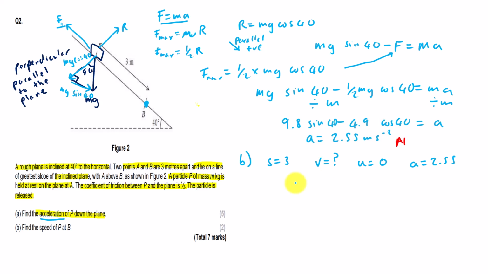Out of all the SUVAT formulas, what can we use? That's got to be v squared equals u squared plus 2as. Substitute that all in, so v squared equals 2 times 2.55 times 3, and then we can calculate v to be 3.91 meters per second, and that's your 2 out of 2.